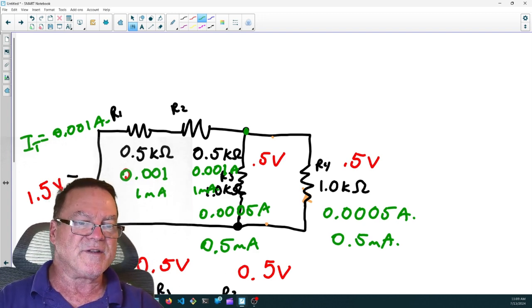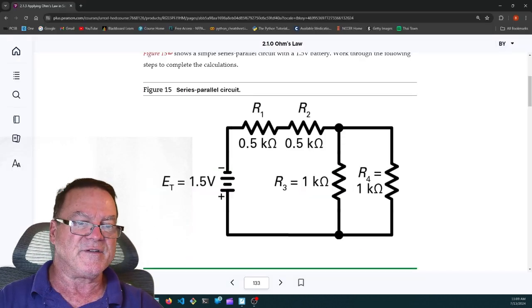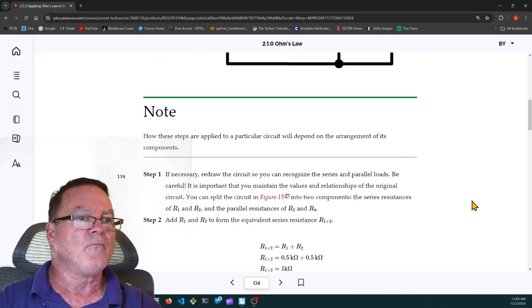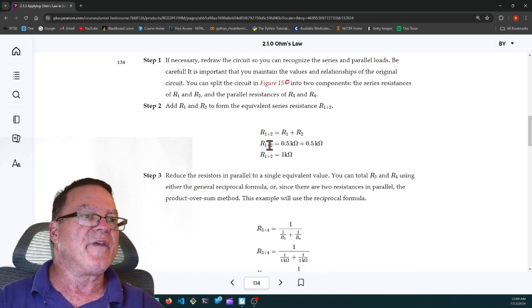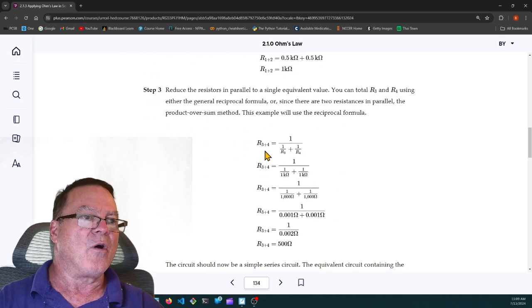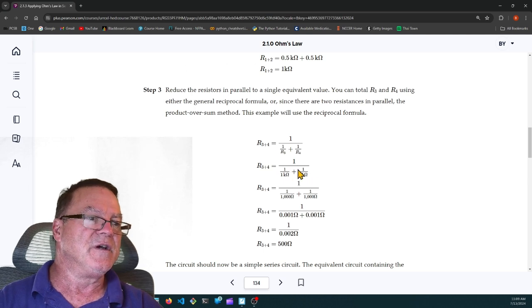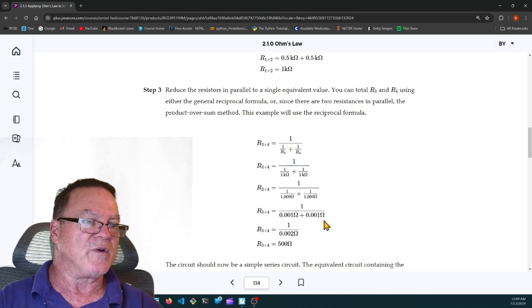But let's go back to the book then. Let's see what they have to say. So they did the same thing. They added R1 and 2 and got 1 kilo, 1,000 ohms. And R3, 4, they used the reciprocal method. 0.001 plus 0.001 is 0.002.